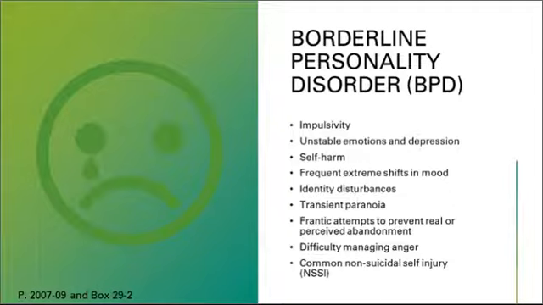Let me see, Box 29.2, see if there's more there. Intense fear of abandonment is a biggie. And page 2011. Unstable relationships due to intense mistrust of others. So see here, next page.